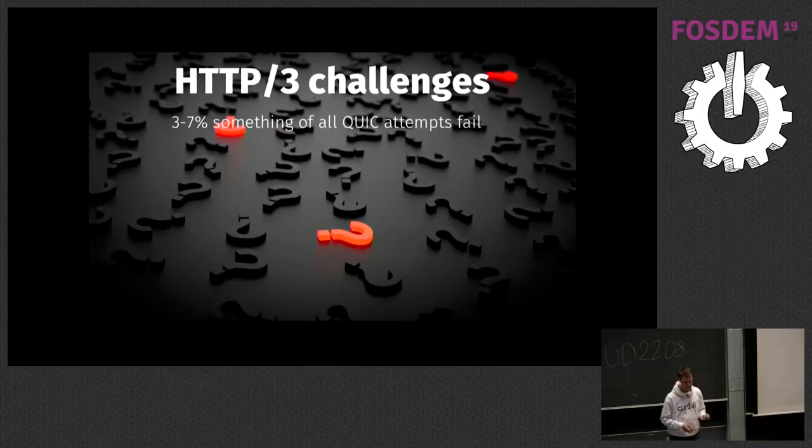So somewhere around 3-7%, I guess it depends on who you're asking, will just never be able to set up a QUIC connection. So that's still quite a large number, right? So all clients talking HTTP3 going forward will have to have this fallback to HTTP2 or 1 for those 3-7% of cases where it can't establish the connection.